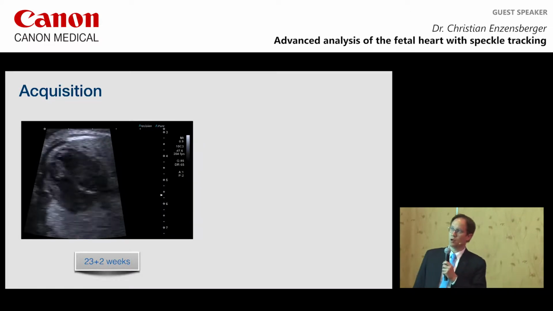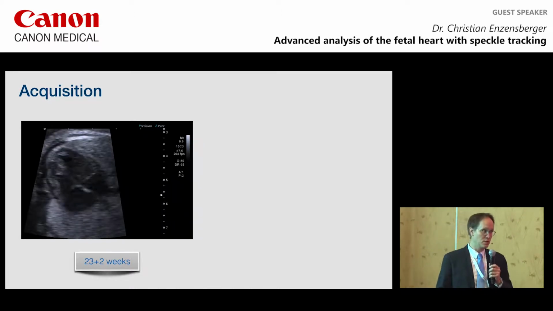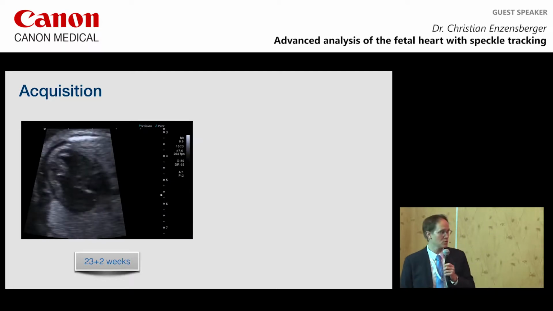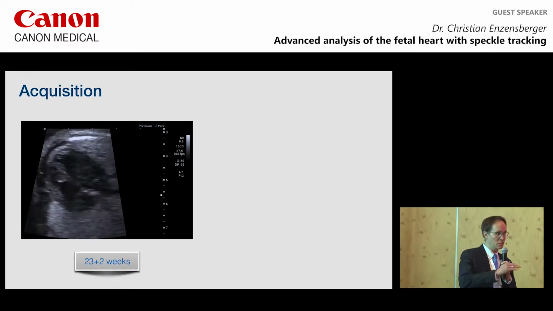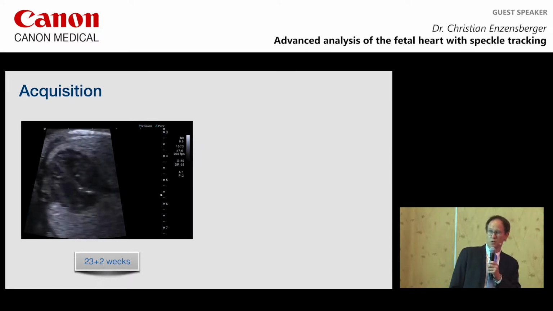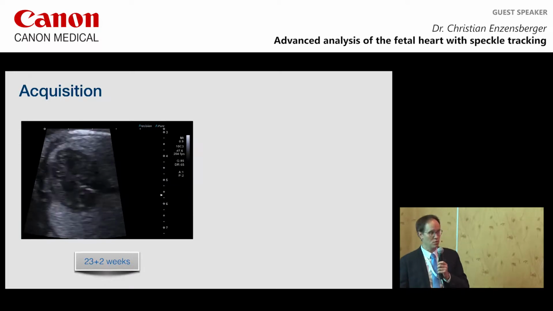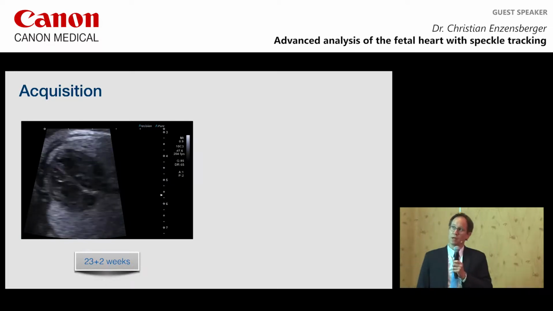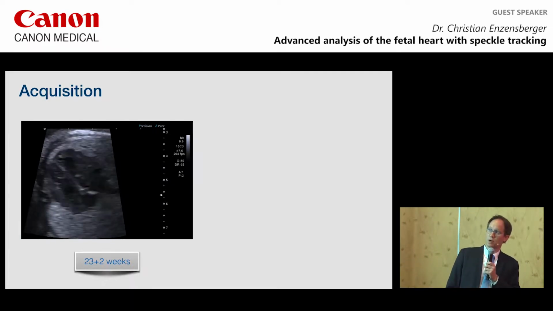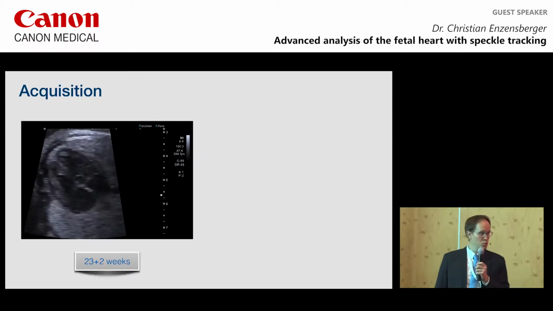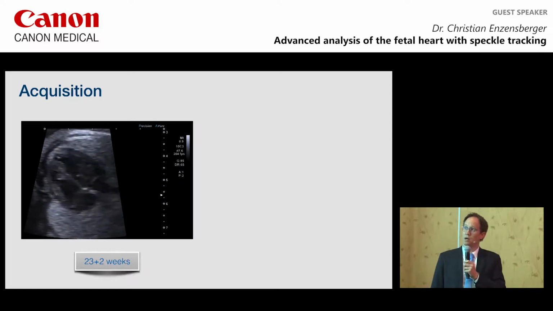This is not always the case, as you could see here at this congress, because there are colleagues who use a transverse view. We think, and this is our experience, when you think about the technical point, that in this situation you do not have the problem of a poorer lateral resolution.